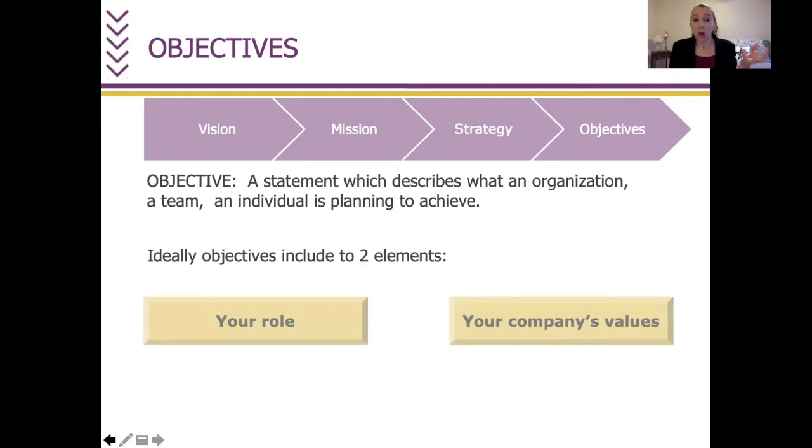And the other one that sometimes we tend to forget is the how. The how is linked to your company values, to your ways of working, the behaviors that your organization encourages, all those things. And those two elements form part of an objective.